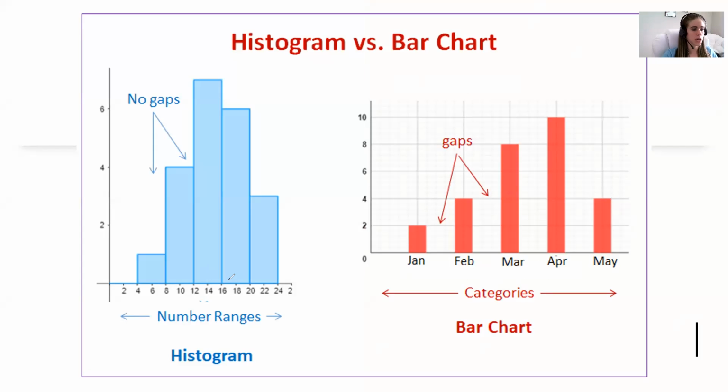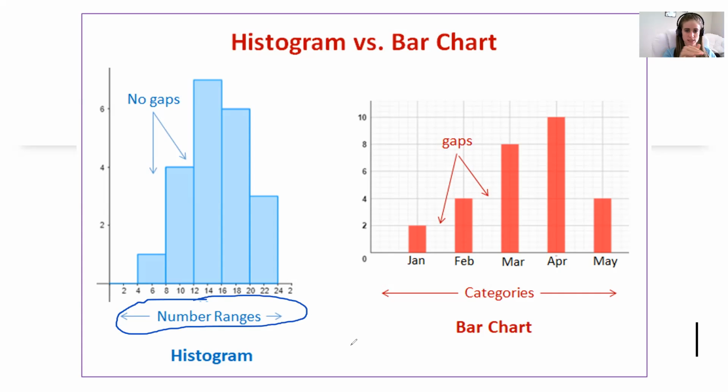With a histogram, notice that there are no gaps between all of your different bars, all of your different sections of data. Another critical piece that makes something a histogram is we are working with number ranges on your x-axis.